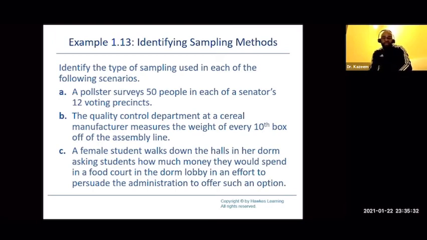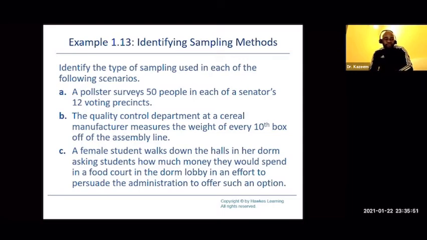They don't stop all cars. They can decide to stop every 7th car, like 1, 2, 3, 4, 5, 6, 7. They're going to stop that one, pull it over, and conduct their investigation. Then they're going to count another 7 before they pull over the next. So that's a systematic sampling.